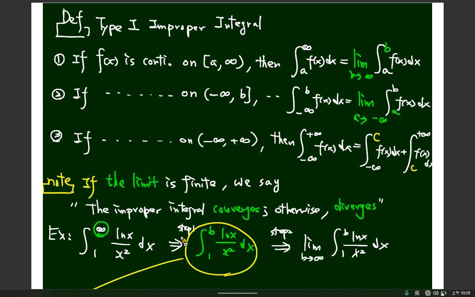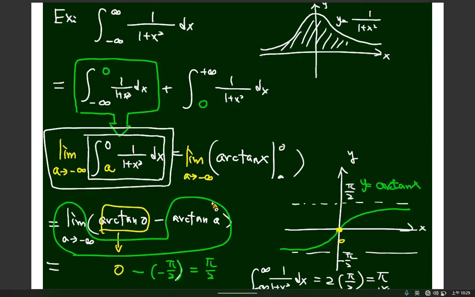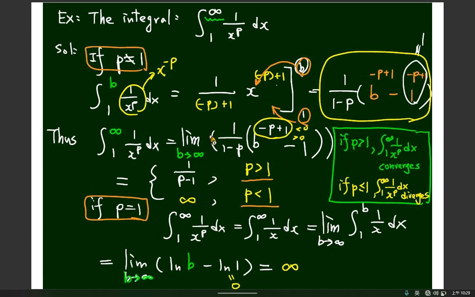Okay, so I also showed you some examples. I will ignore this part. I also showed you this example, and finally this example. Please at least keep this summarization in your mind.